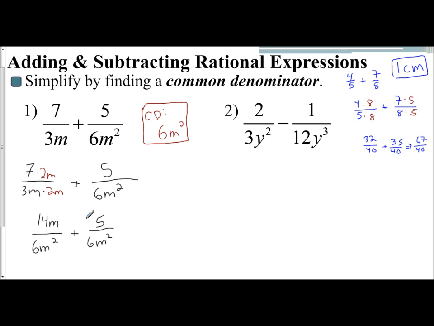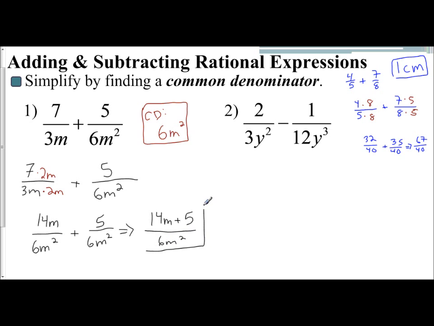Since we have the same denominator, just like we had at the numerical step, we can add across the top. It's just that when we add across the top, 14m and 5 are not like terms, so I cannot combine them. So I just write down 14m plus 5 over 6m squared.